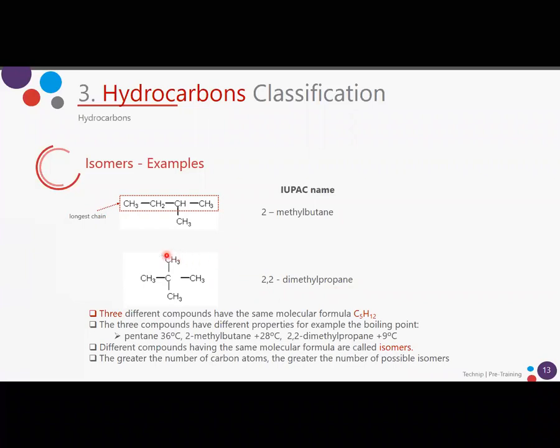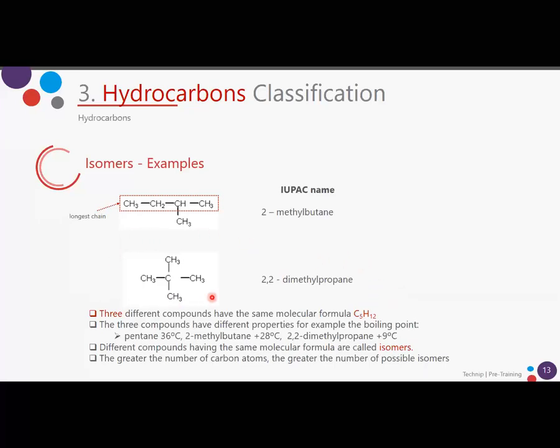We have a methyl, CH3, remember methyl from the methane, from the alkane. We have 2 methyl groups. And where do we have them? In the second carbon. So we name it 2,2-dimethylpropane.